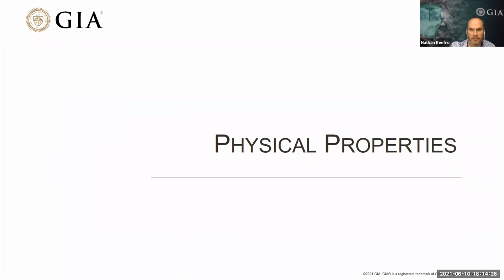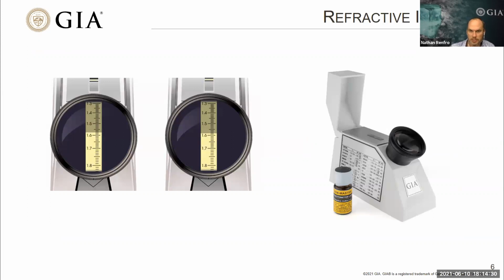The physical properties in the gemological laboratory are really one of the main starting points. We look at the refractive index and confirm that we have a refractive index that's consistent with the mineral beryl. Beryl, of course, is the mineral name for emerald, emerald just being the green variety that's colored by chromium or vanadium.